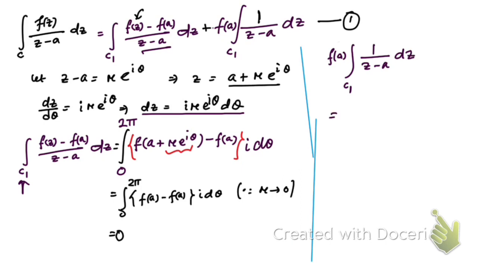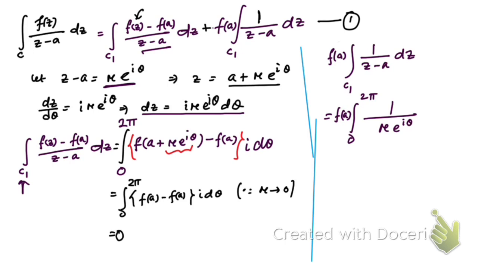If we use the results that we have taken here, then we are going to have the integral from 0 to 2 pi of f of a, and z minus a here is r e to the power i theta.